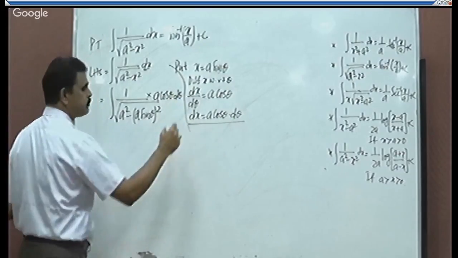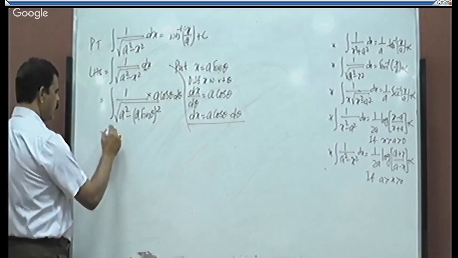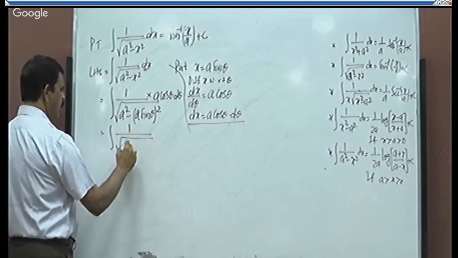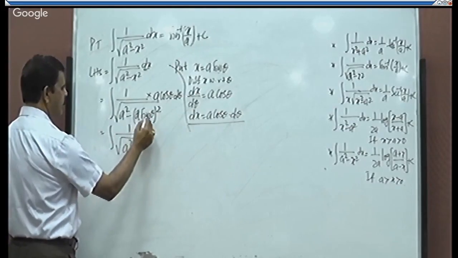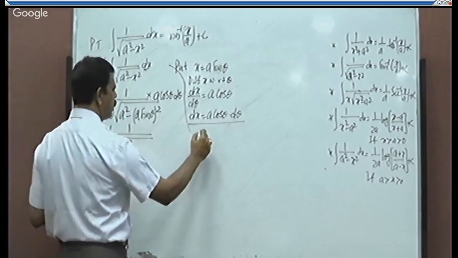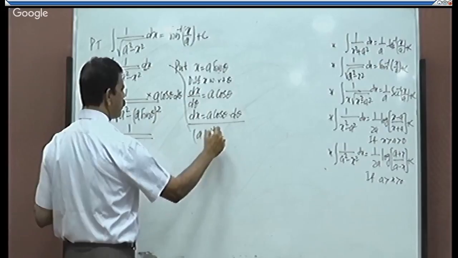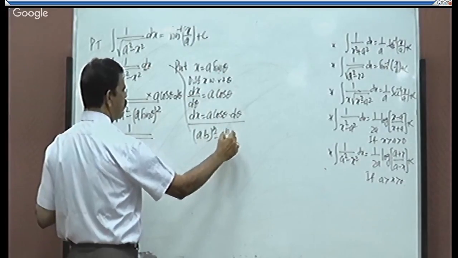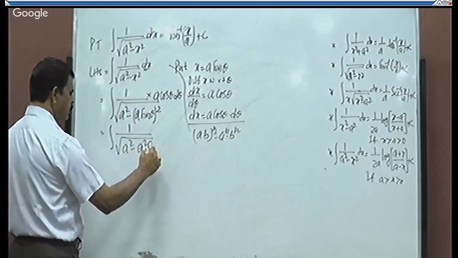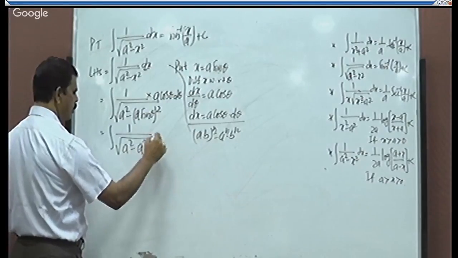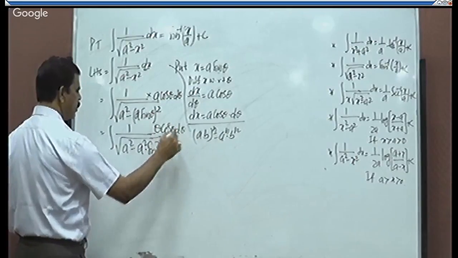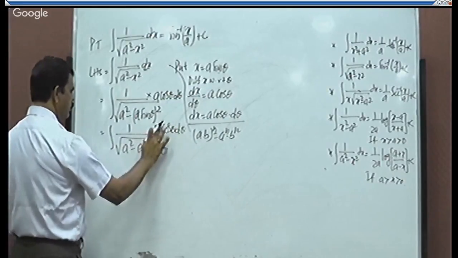Correct? Then 1 divided by root of a square minus a square sine square theta. AB whole to the power of n is equal to a to the power of n into b to the power of n, so it is a square into sine square theta. A into cos theta d theta.